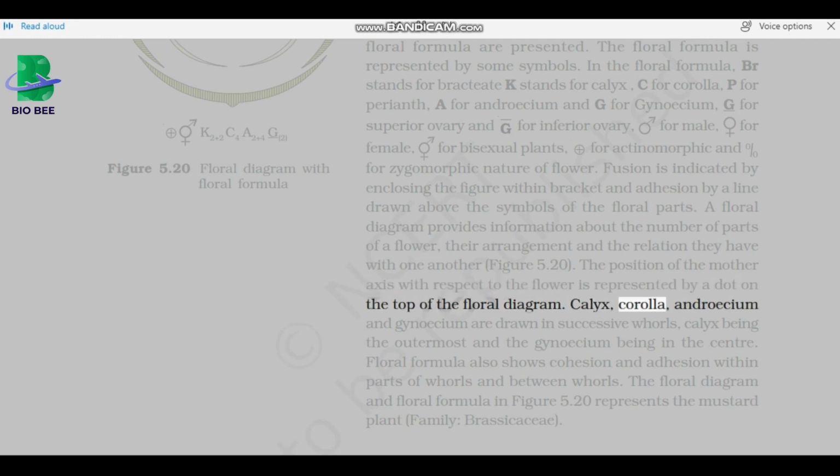Calyx, corolla, androecium, and gynoecium are drawn in successive whorls, calyx being the outermost and the gynoecium being in the center. Floral formula also shows cohesion and adhesion within parts of whorls and between whorls. The floral diagram and floral formula in figure 5.20 represents the mustard plant, family Brassicaceae.